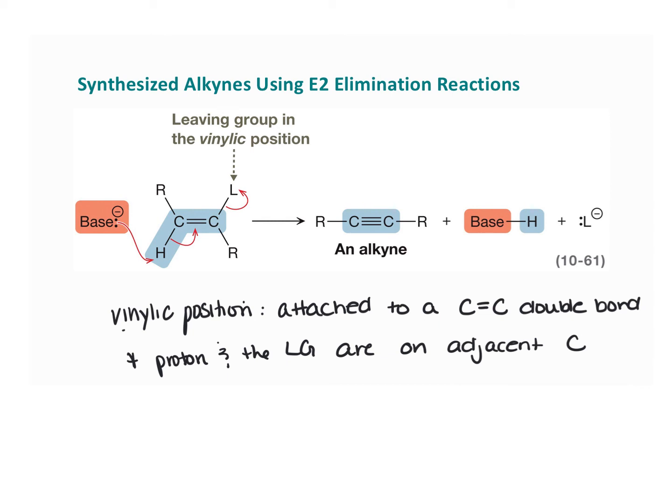Because the leaving group's attached to an sp2 hybridized carbon, the vinylic substrates are really quite resistant to nucleophilic substitution and elimination reactions. Under normal conditions, even a strong base like a hydroxide ion generally doesn't facilitate this type of reaction. As a result, these reactions are carried out under more extreme conditions, generally at a temperature of around 200 degrees. Okay, so we've got some pretty extreme conditions here.